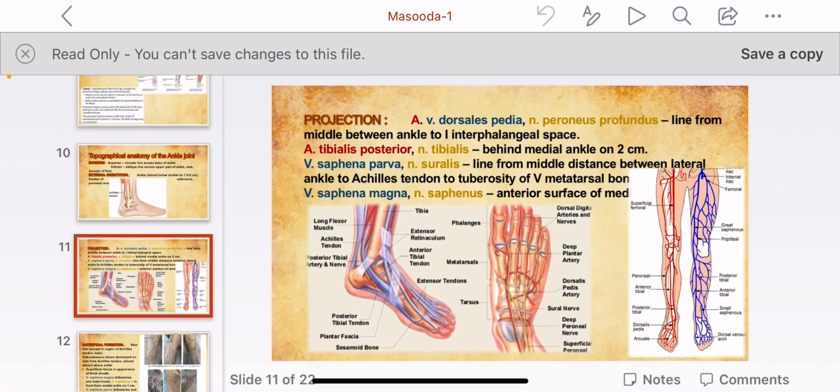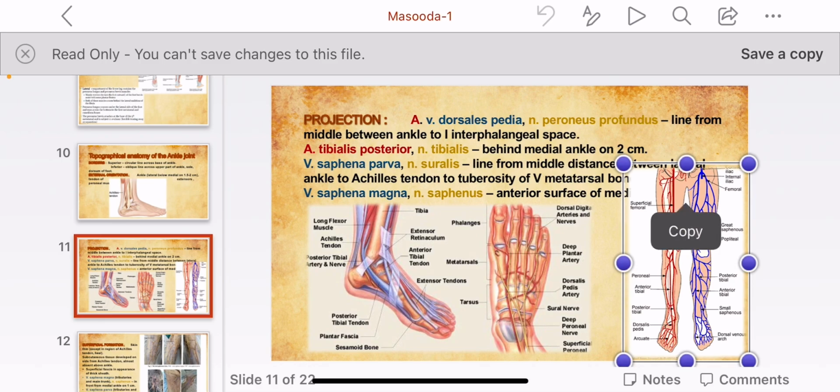Vena saphena parva, nervus suralis, line from the distance between lateral ankle and Achilles tendon to tuberosity of fifth metatarsal bone. Vein saphena magna, nervus saphenus, anterior surface of the malleolus.